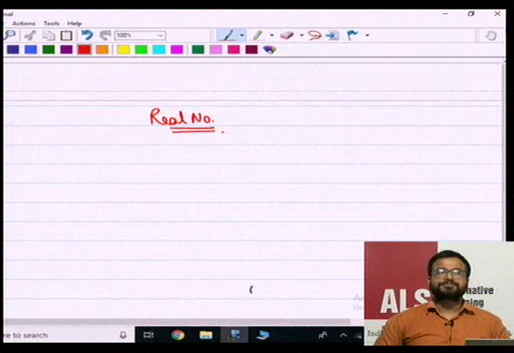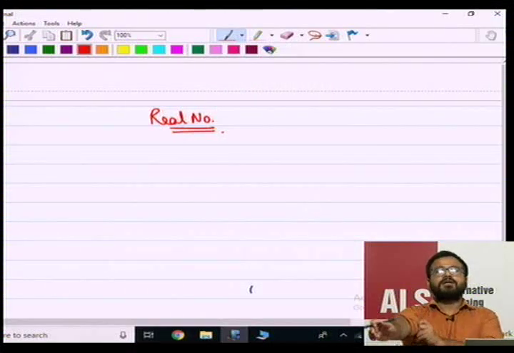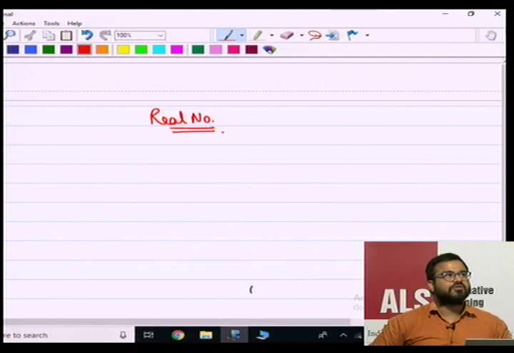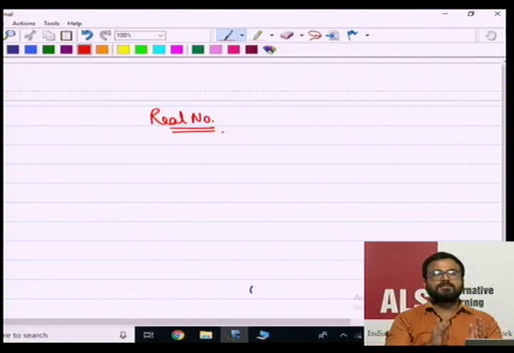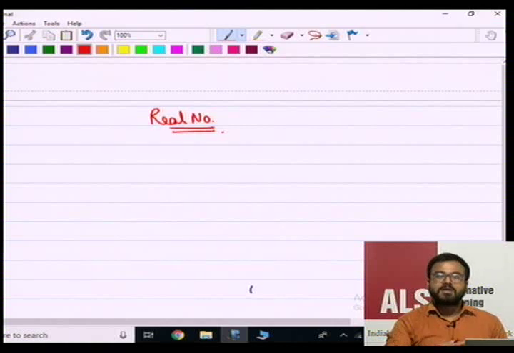Before starting this chapter, in the 9th class, you all studied the chapter Number System, in which you studied different types of numbers like natural number, whole number, integer, rational number, and irrational number, and how to differentiate between rational and irrational, and how to convert the non-terminating repeating decimal expansion into p by q form. These types of questions you have done in the 9th class.